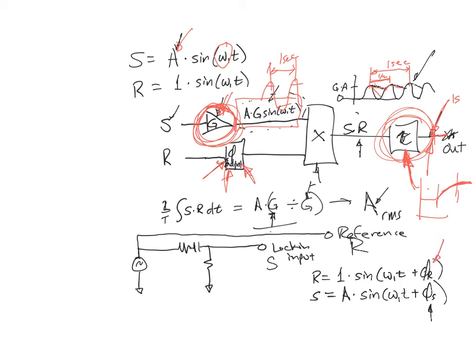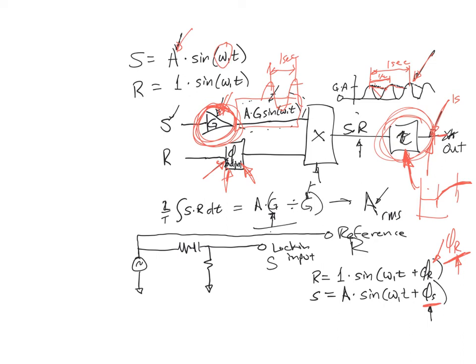You get to adjust the reference phase. This is just what it is according to your instrument. But what you want to do is adjust this to match the signal phase. You'll find a place on your lock-in where you can actually adjust the phase, and you can adjust it to maximize this output right here to get the 1 out of that integral instead of the 0.